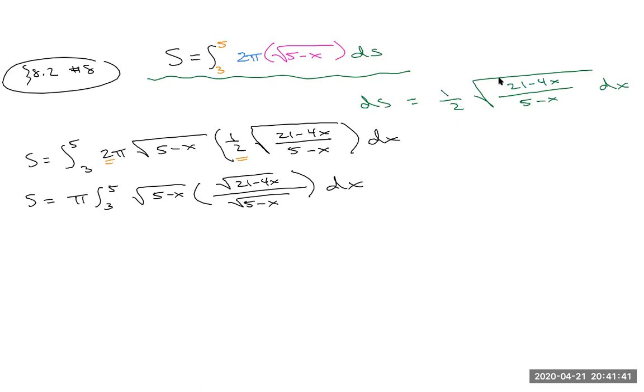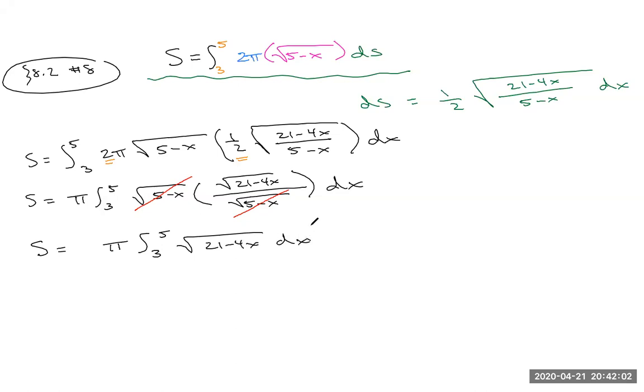So right here, cancel, cancel. And then S is equal to pi integral 3 to 5 root 21 minus 4x dx.